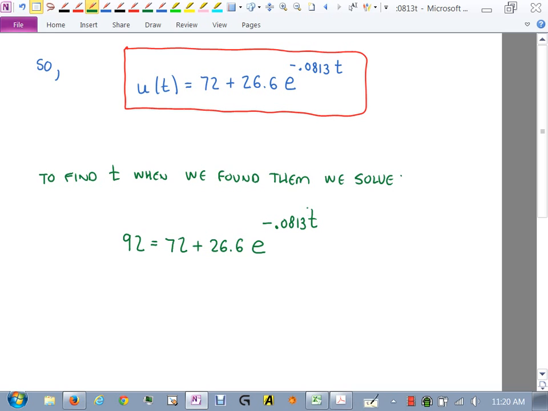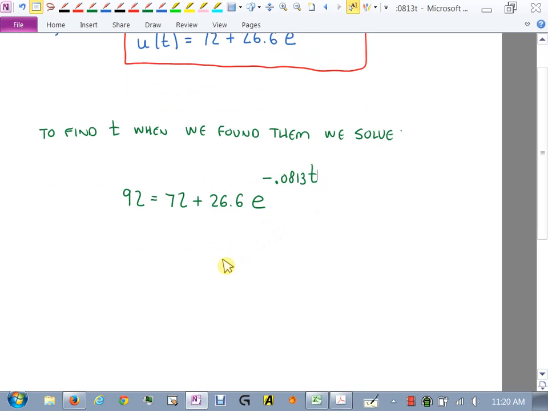So we've already done something like this. I mean, we've moved things around, so let's do this again. We subtract 72 and get 20. We divide by 26.6, right?